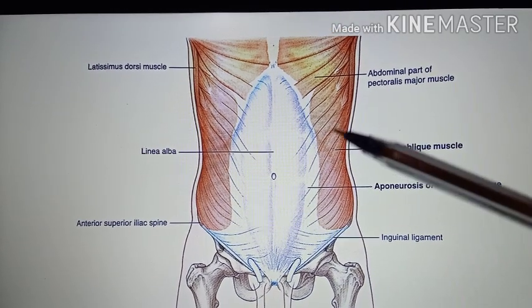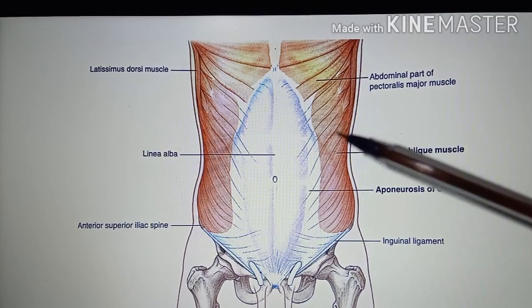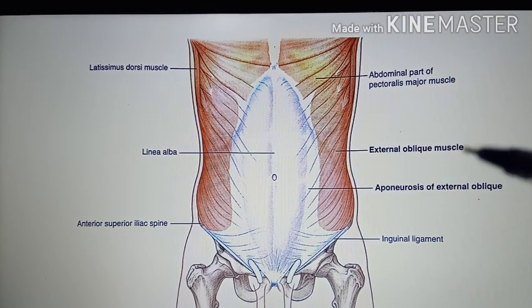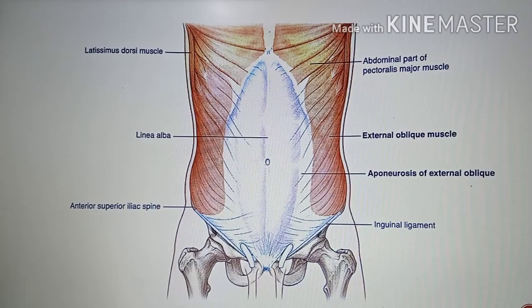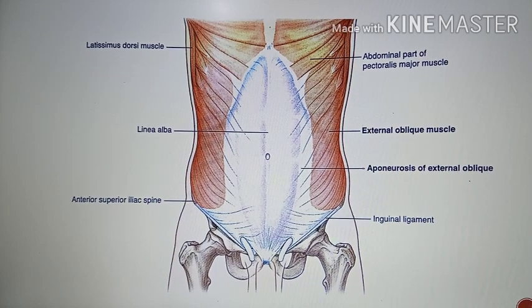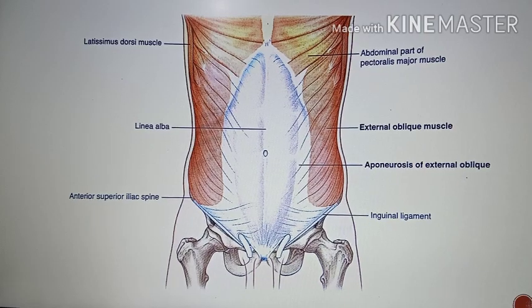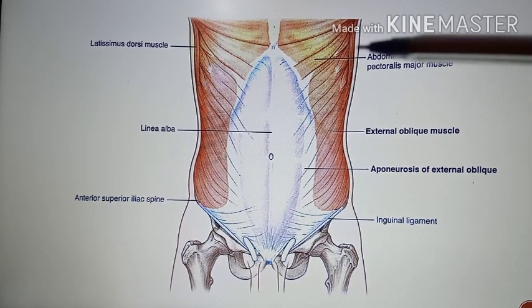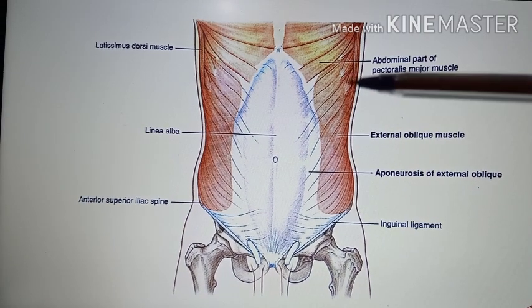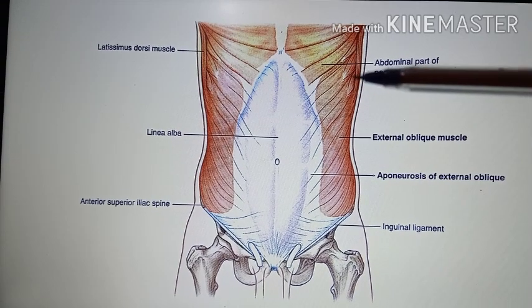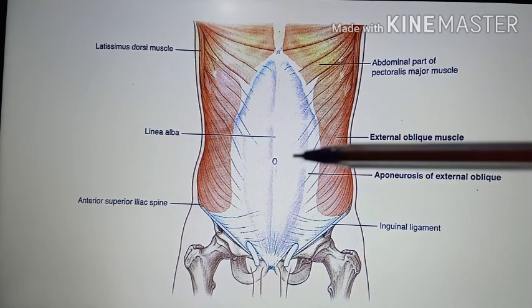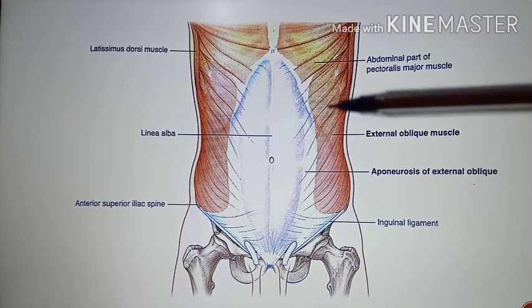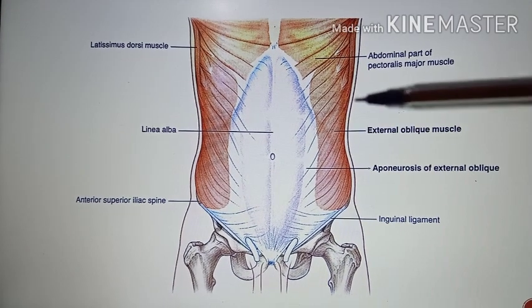The external oblique muscle is the most superficial of the 3 flat muscles. It lies immediately deep to the superficial fascia. Its laterally placed muscle fibers pass in an inferomedial direction. You can see the direction of the muscle fibers is inferomedial.